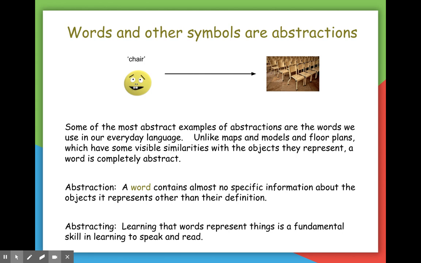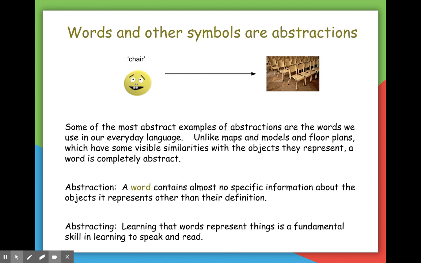Words are abstractions. We actually speak a language, and that makes it more abstract. You don't necessarily understand what machine language, zeros and ones, really looks like or really says, but we have translators that can abstract it into software that we can use.